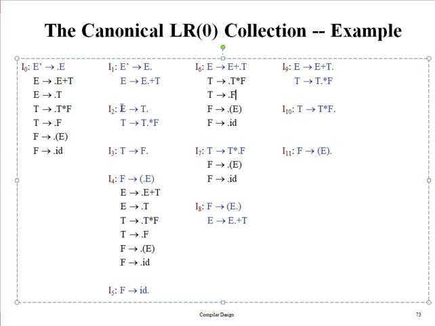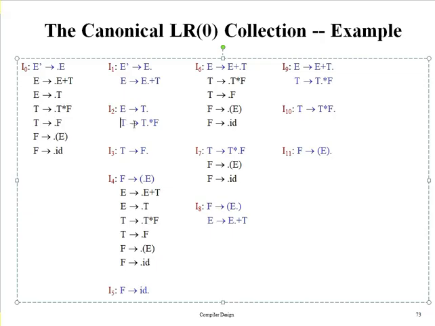But here from I2 items, this one cannot be used for generating a new item because it is already a final item. But from this one we can generate a new item, so we can generate I7 from I2.